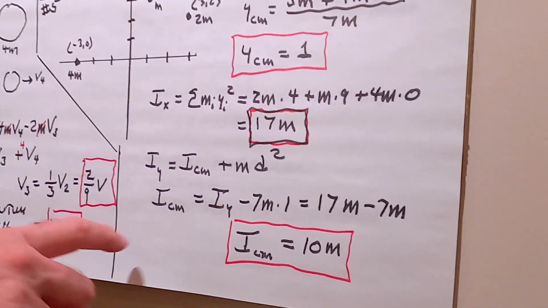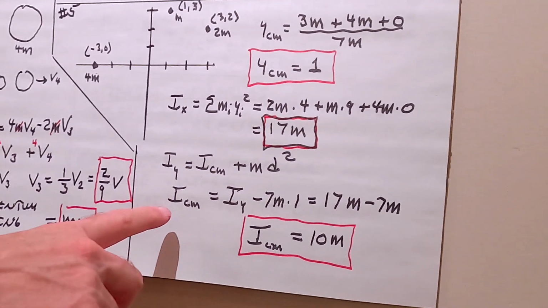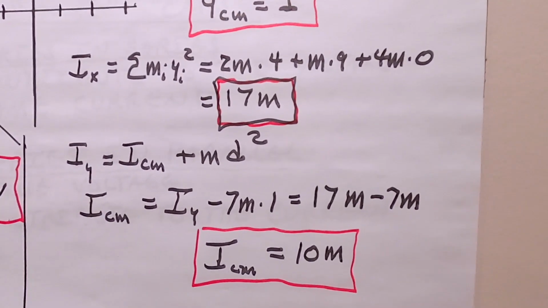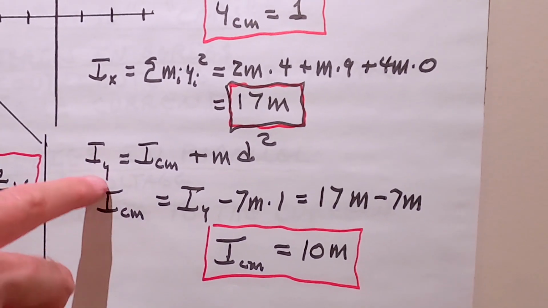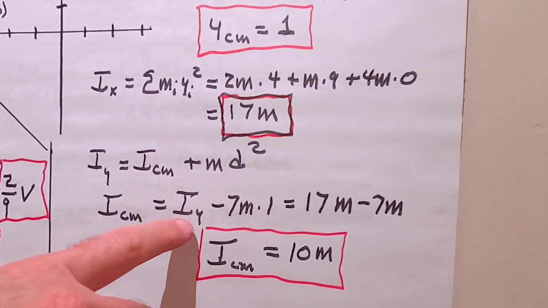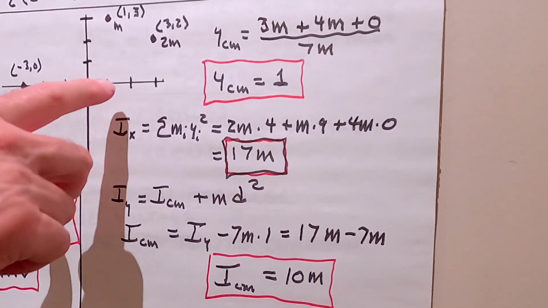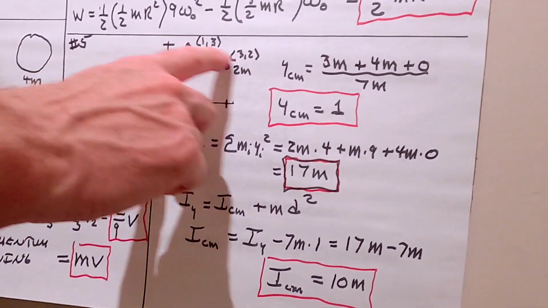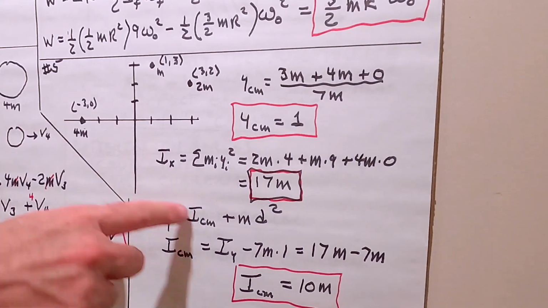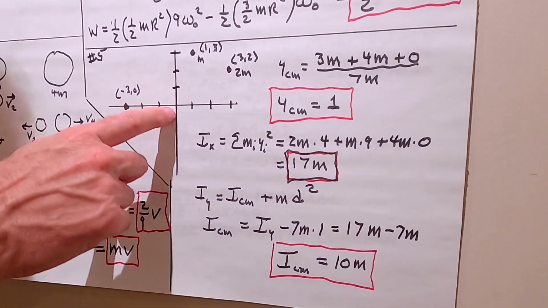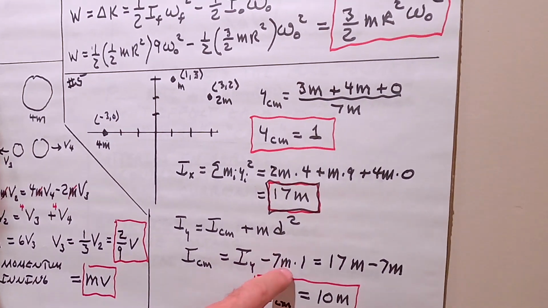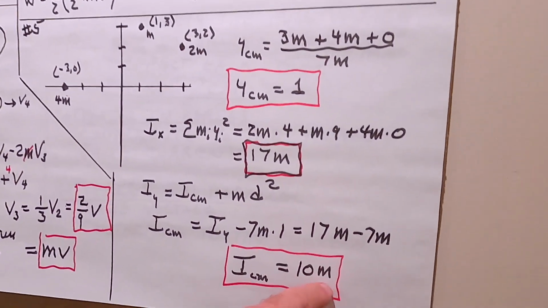So I about the center of mass is I about the x, which is 17m, minus the mass, which is 7m, times the distance between these two axes, which is 1, squared. So it's just 17m minus 7m, which is just 10m.